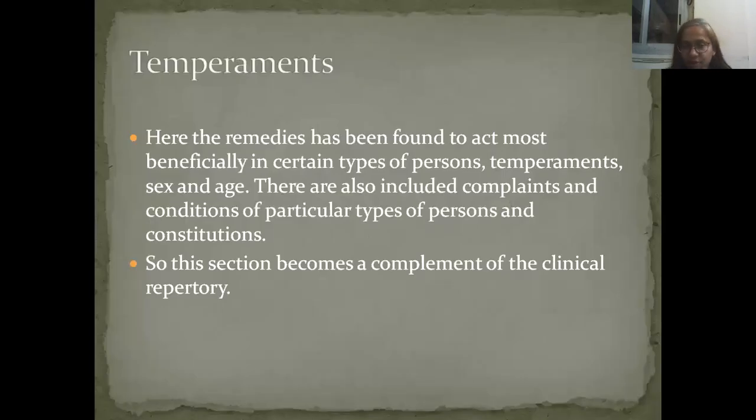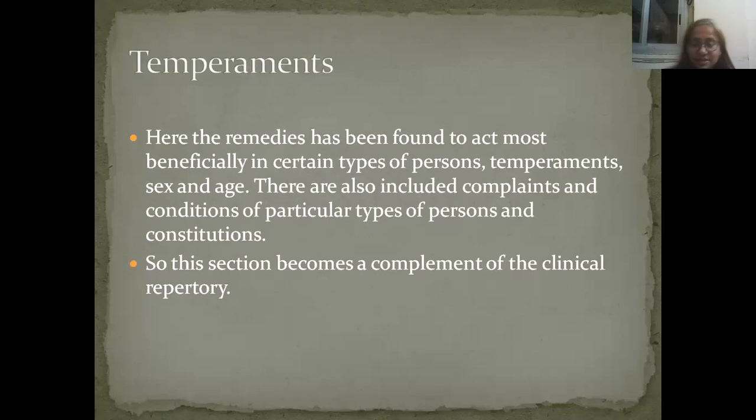Then there is a chapter of temperaments, where the author has described the type of a person, temperament of a person, age of a person, lot of things. It's a kind of type of person which you can take into consideration.